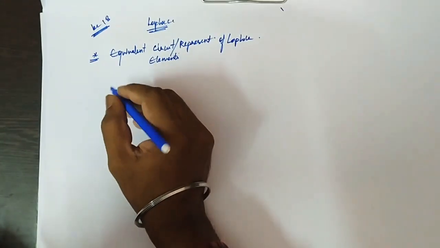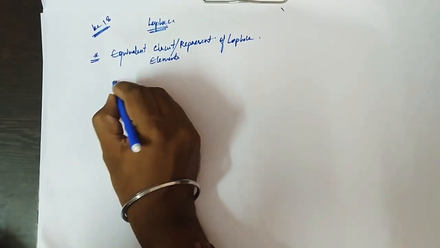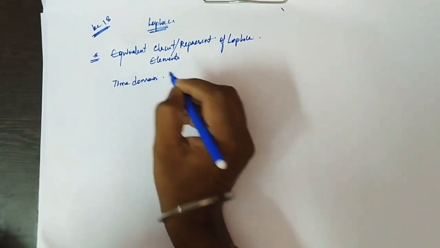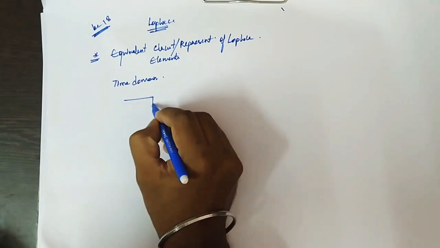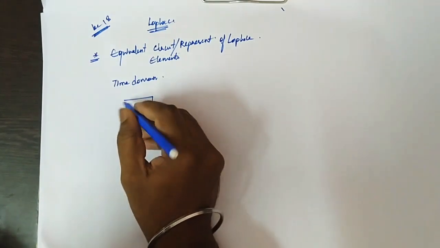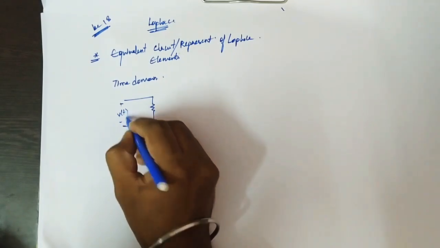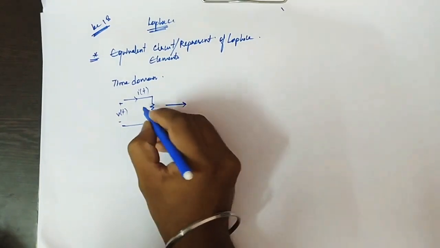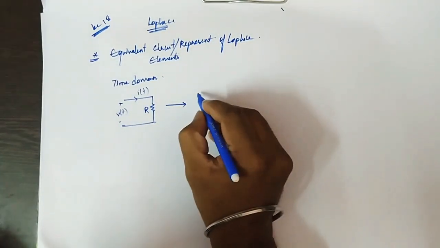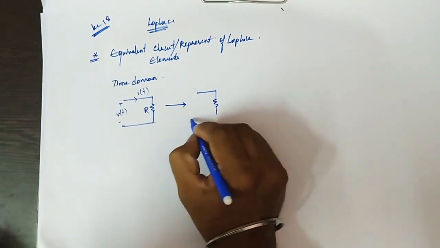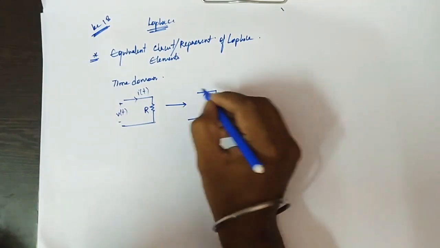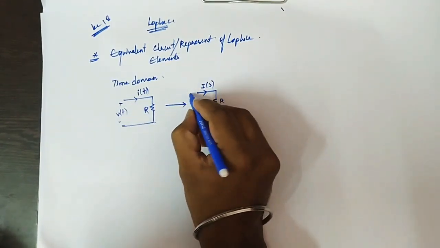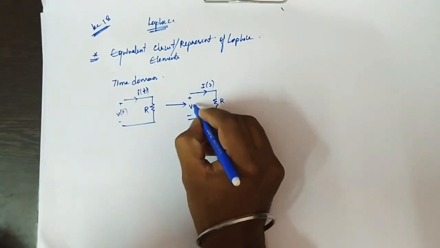So in time domain, if a circuit has only a resistor, with input voltage V of t and current I of t flowing, then this circuit is represented in Laplace domain as the same resistor R, with I of t transformed to capital I of s, and the voltage transformed to V of s.